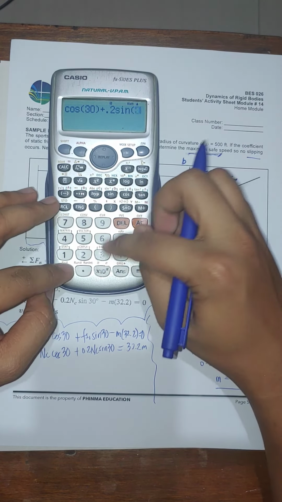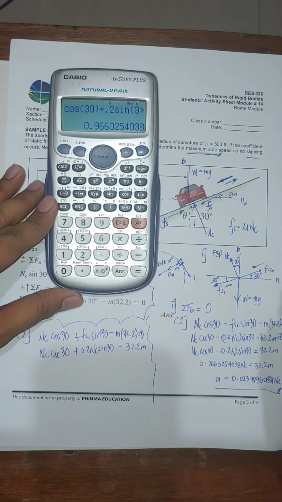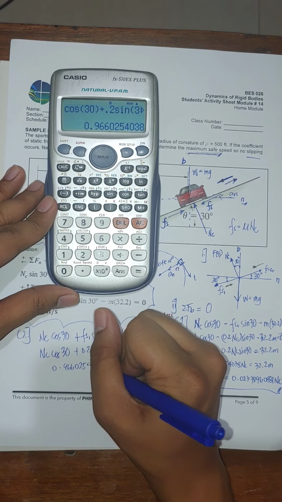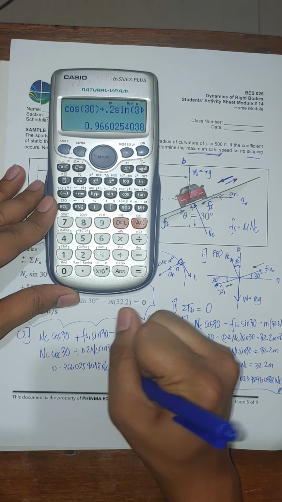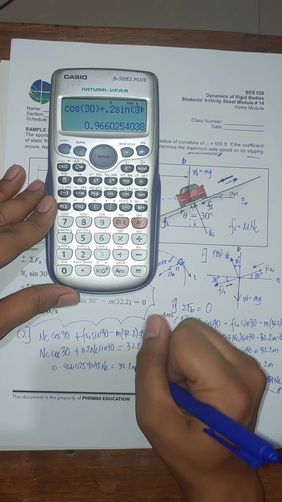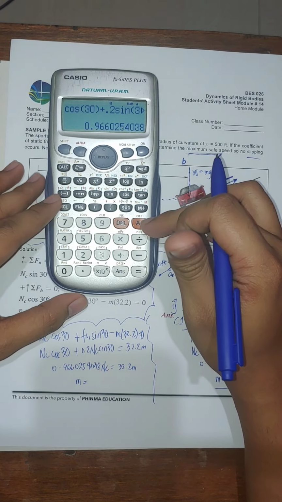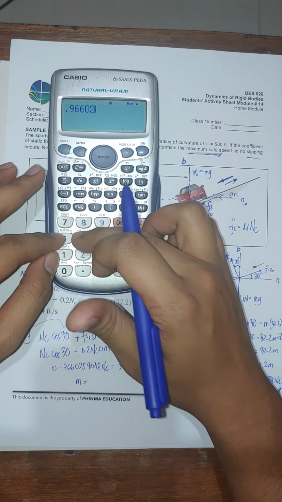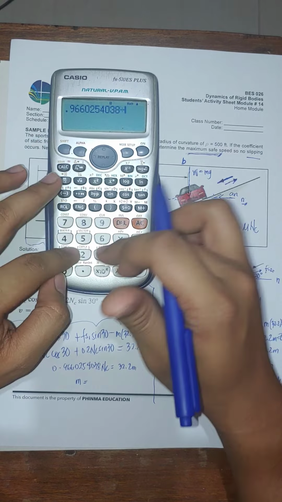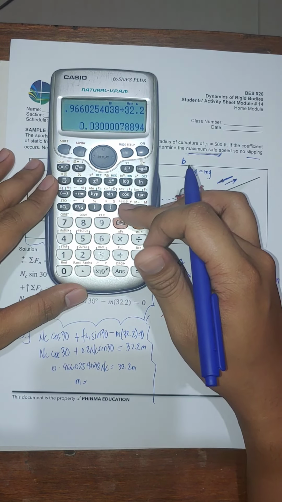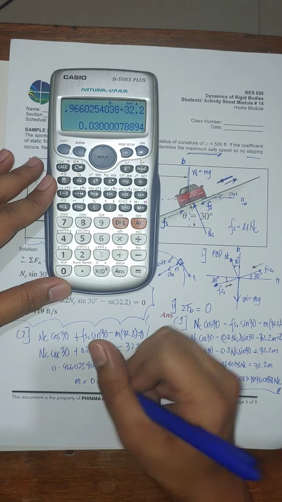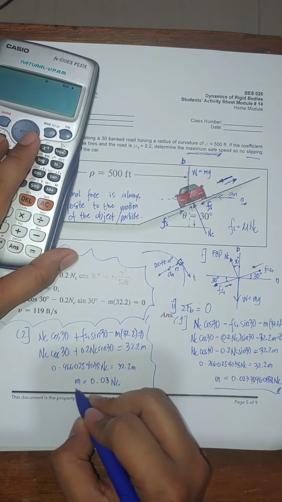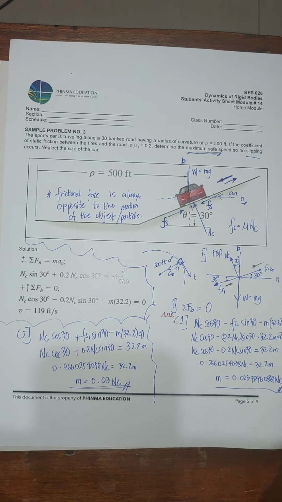So we have 0.966025438 NC is equal to 32.2 m, and m is related to the normal force as 0.966025438 divided by 32.2, which is equal to 0.03 NC. This is for our case 2.